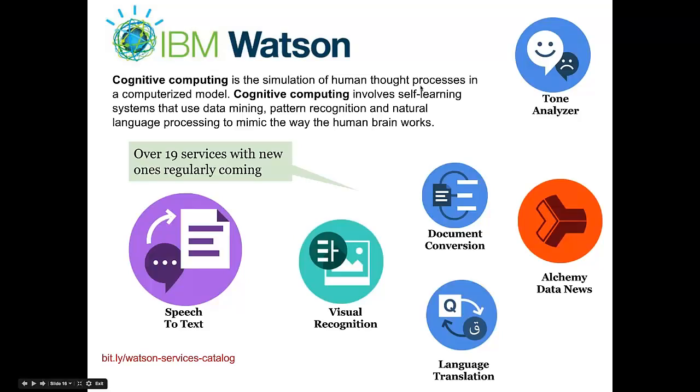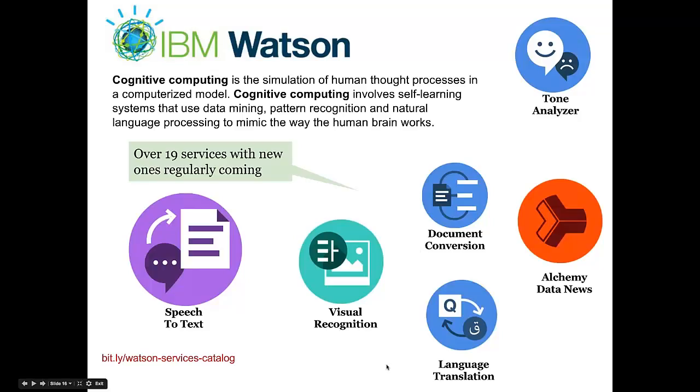So IBM didn't just create a computer that could play games. It's brought it much further. I'm not sure if they actually coined the term, but they're entering what's called the cognitive computing space, where, in short, cool things are happening. There's a variety of different things that I've got up here on the screen of APIs that they offer.